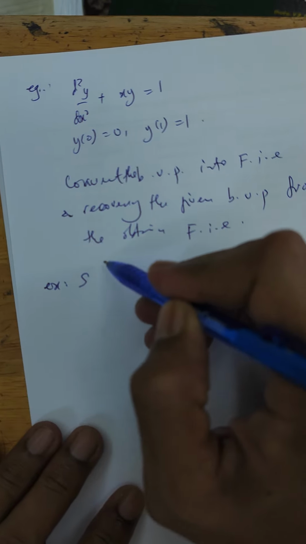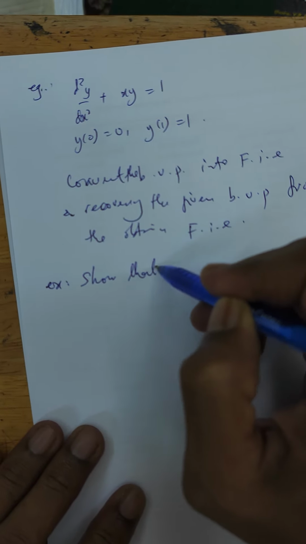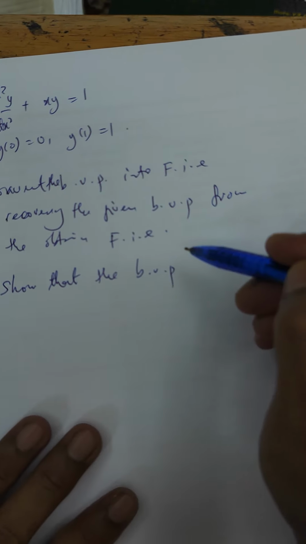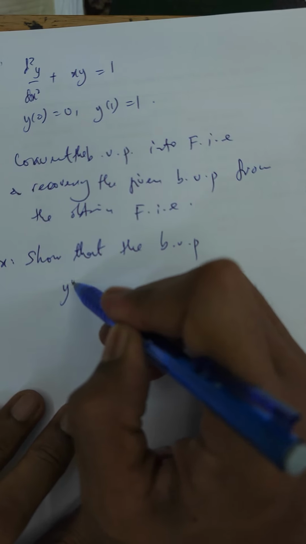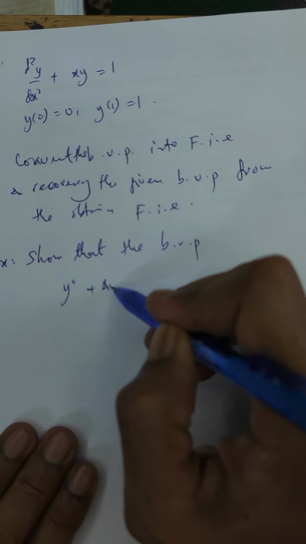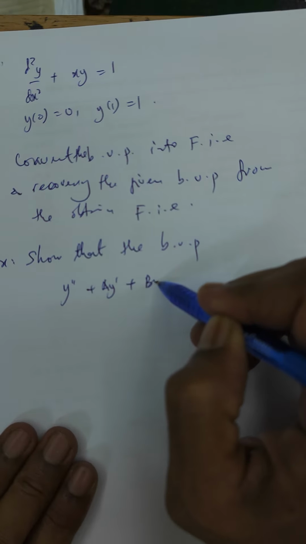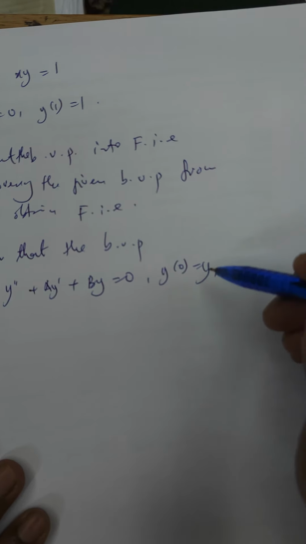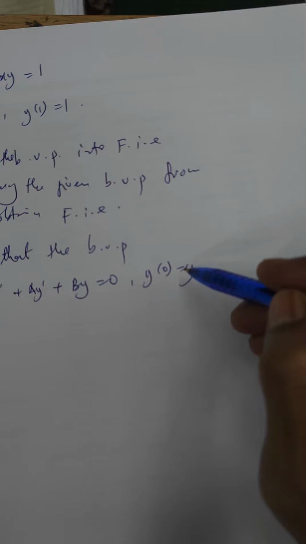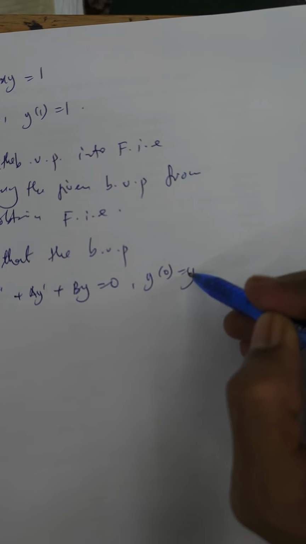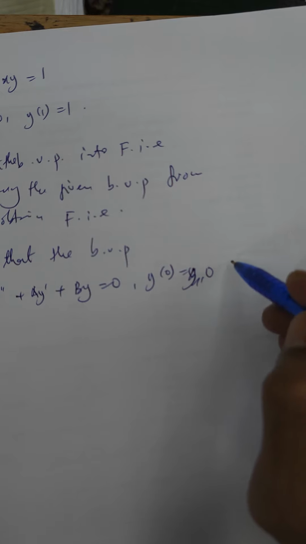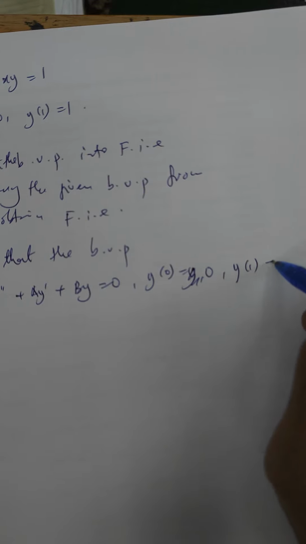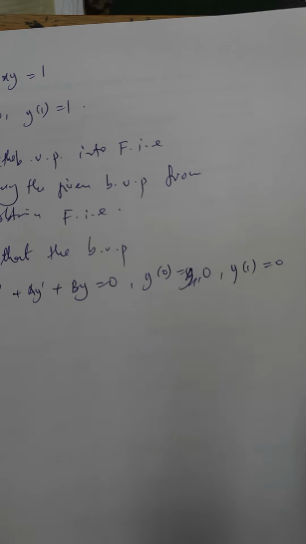Show that the boundary value problem y double prime plus a y prime plus b y equal to 0 with the condition y(0) equal to 0 and y(1) also equal to 0, where a and b are constants.